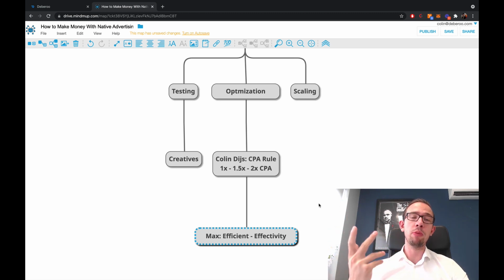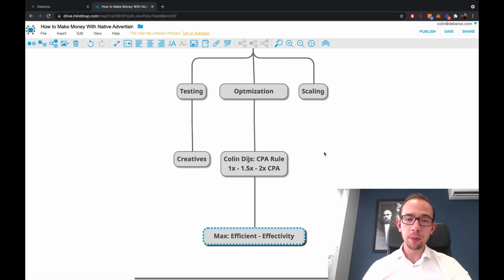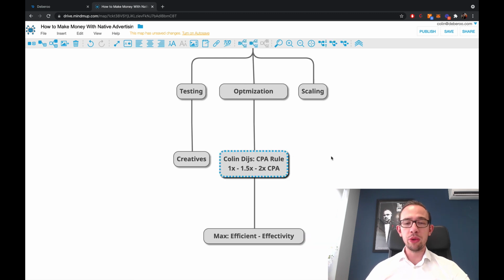So we have to optimize this structure, to find the balance between what we actually want to achieve and how much we can afford to lose during this process. Because we all know not every campaign will be a profitable one, a big winner, right? So we apply the CPA rule to the widget level.